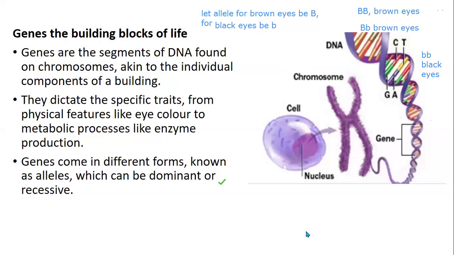Then an allele is like the alternative of that gene. If the gene is height, you're either short or tall. So the allele can be capital T or small t. That's what I think.